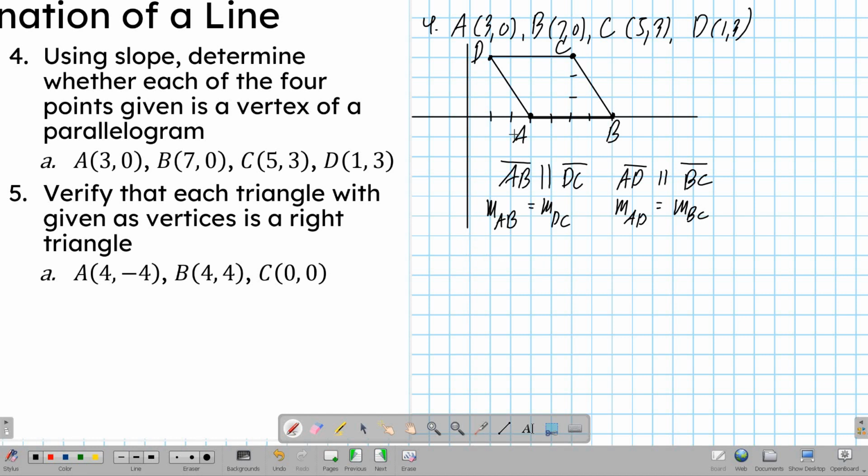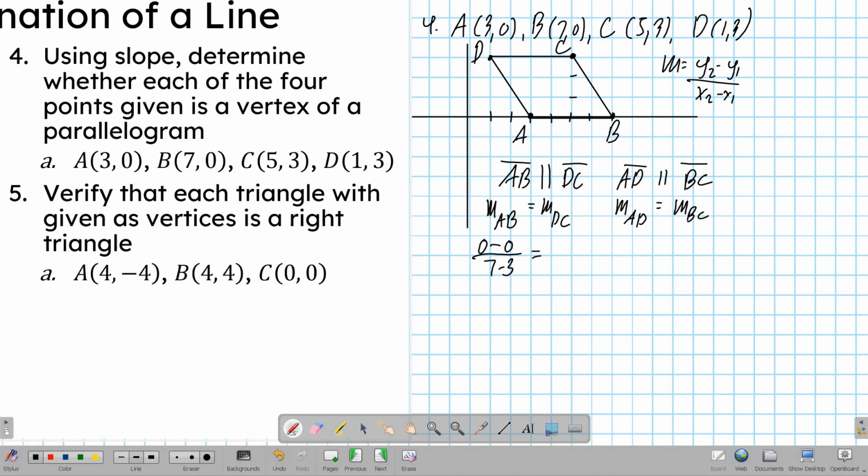First, the slope of AB. Notice AB is actually a horizontal line. Following our formula, the slope is y sub 2 minus y sub 1 over x sub 2 minus x sub 1, so the slope of AB would be 0 minus 0 over 7 minus 3.